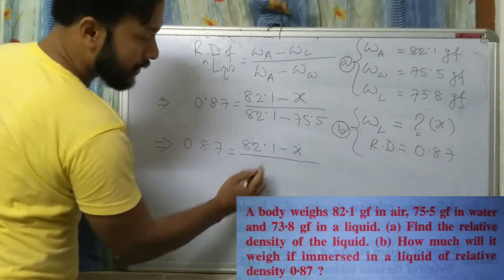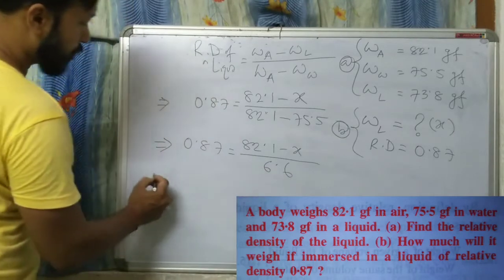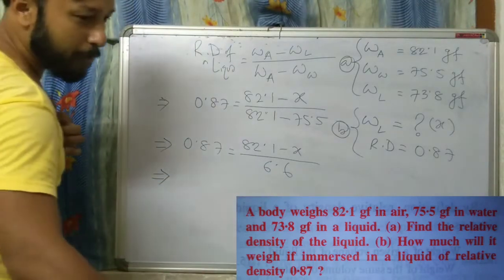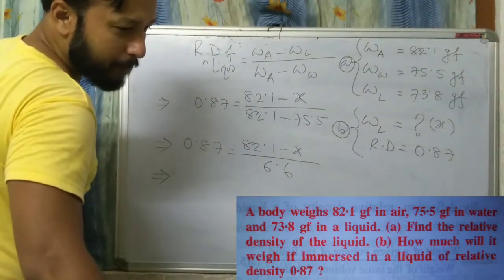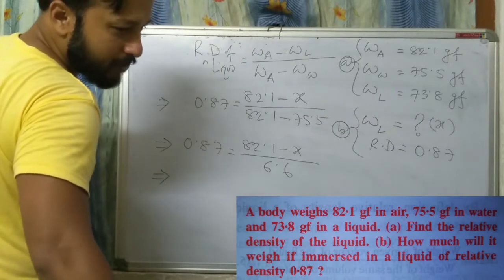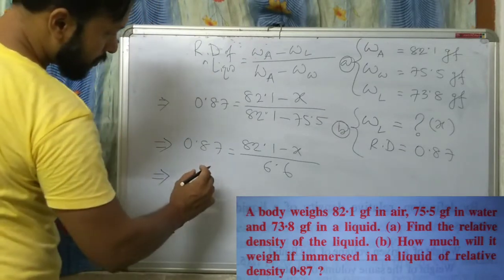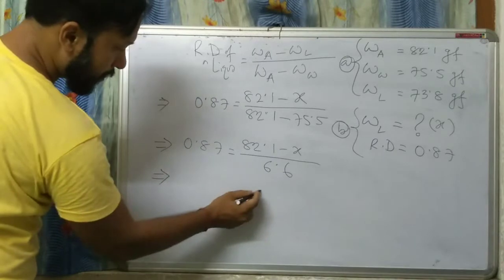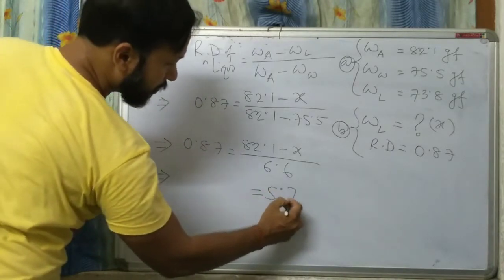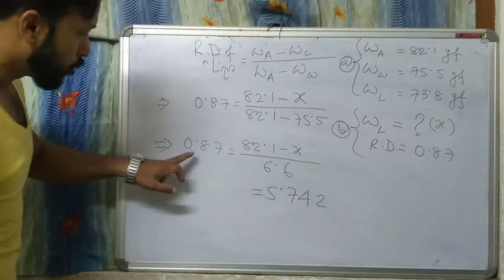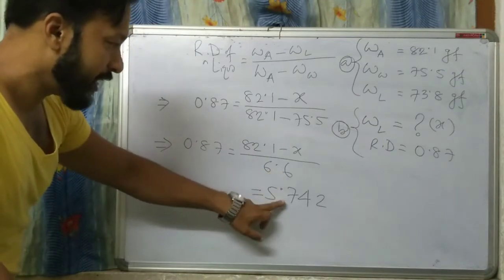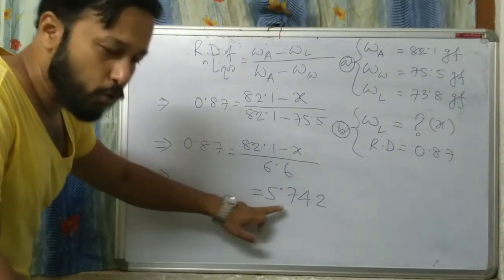If you subtract this, it is 6.6. Understood? Now cross multiplication. After cross multiplication, what are we getting? If you multiply 0.87 into 6.6, it is 5.742.